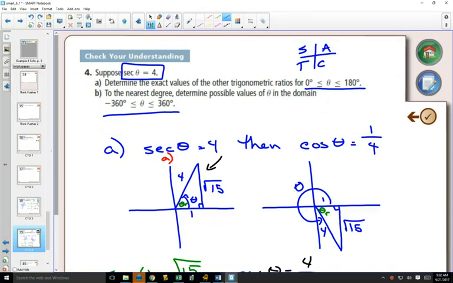So in other words, they're looking for every coterminal angle between negative 360 and 360 that ends either here in quadrant 1 or here in quadrant 4. Can you see from 0 to 360 there's going to be 2 answers? Can you see in the negative direction from 0 to negative 360? There's going to be 2 more. So first of all, we need to find that reference angle.